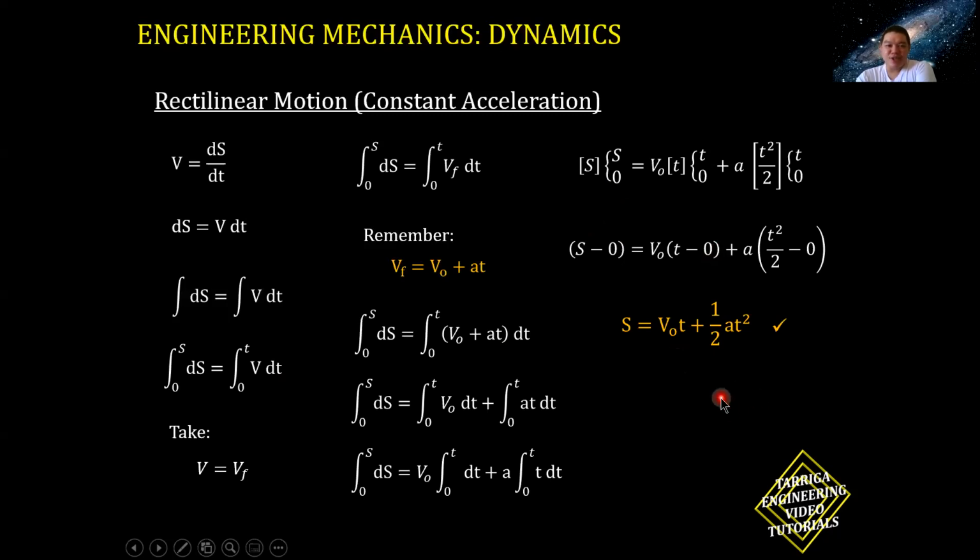Okay, so that's it. We have one more to go, to complete the constant acceleration formulas. I know you're familiar with this. Anyway, you don't need to know this derivation, but I showed it so you can at least appreciate where it comes from, and if you forget it, at least you won't be lost.